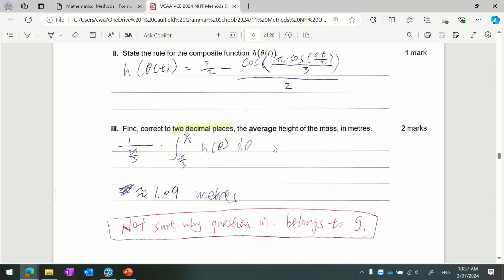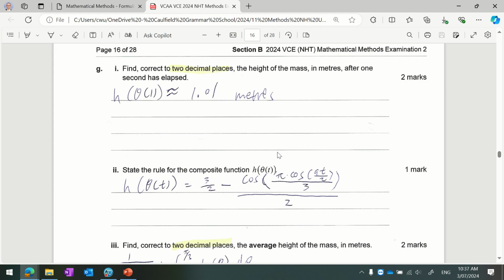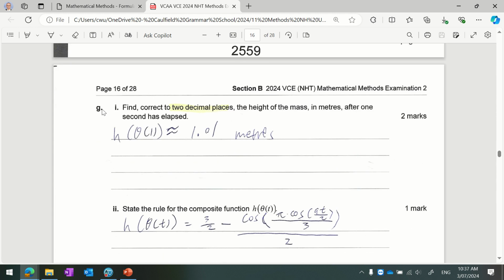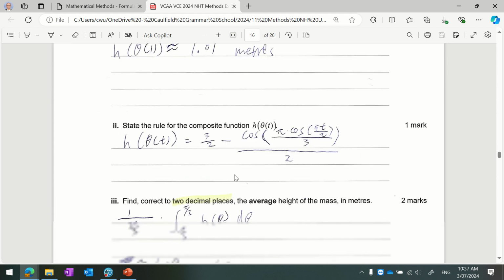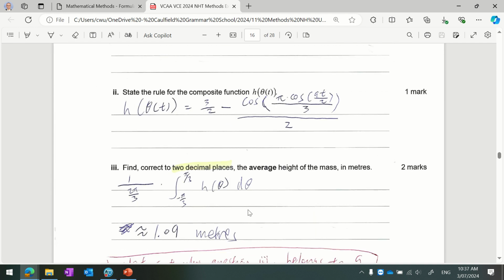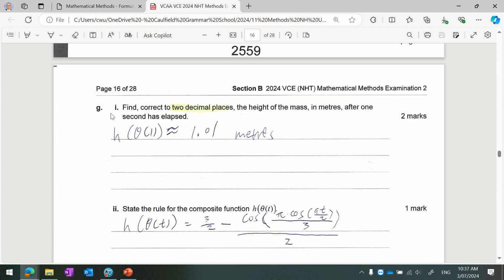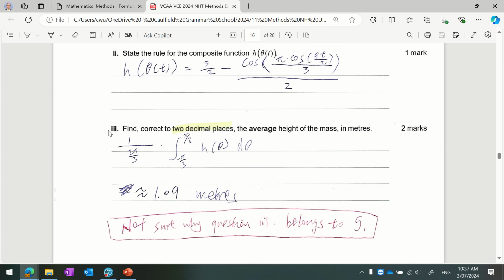At the moment, I cannot really see how my response could be wrong here. So you might imagine G3 is also something to do with composite function, but I don't believe it is. So this, in my opinion, should be a question H, not part of question G. Unless, of course, you have a different opinion, in which case, feel free to leave your opinion in the comment section.